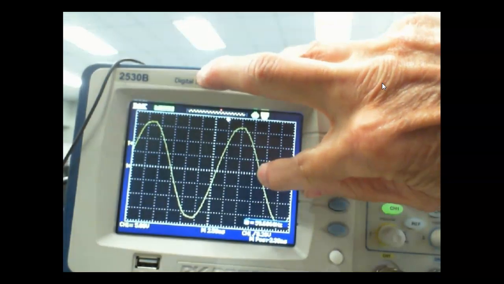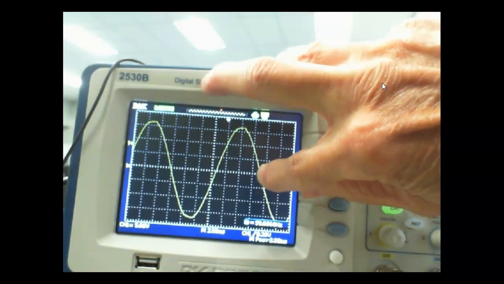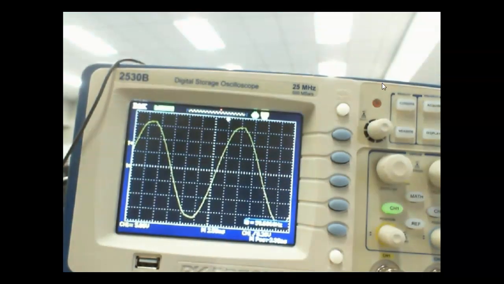This would be 0.2, 0.4, 0.6. I'm sorry, 2, 4, 6. So I got that wrong. Then we multiply it by the time per division, and that gives us the total time, right? So what does this give us?